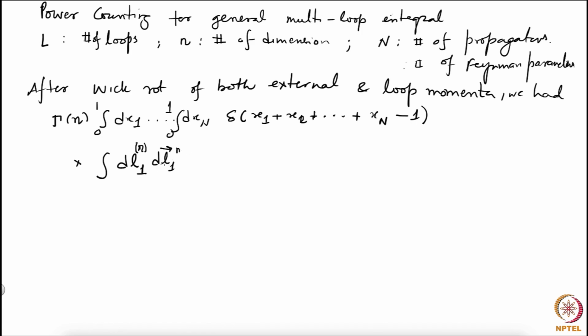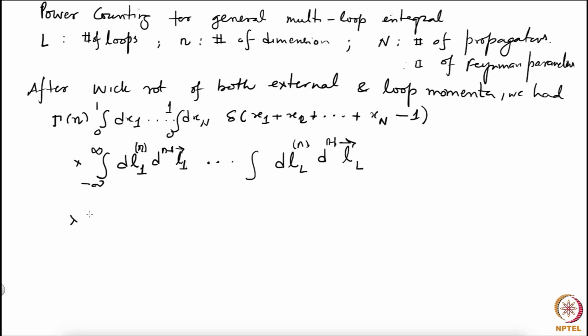This is not a good notation. The limits are from minus infinity to plus infinity. We have L loop momenta, so ln d^(n-1) l.